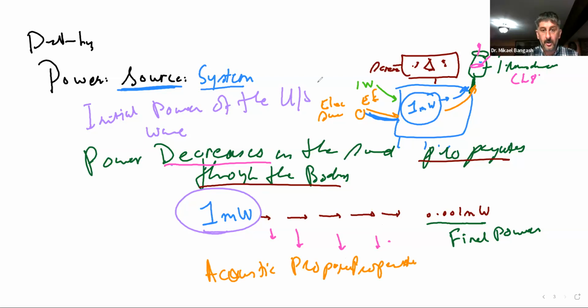It is the nature of the tissues that the sound wave travels through that will determine how much weakening or how much decrease is going to happen in the power of the sound wave. But it will change as it travels through the body. Did that make sense?